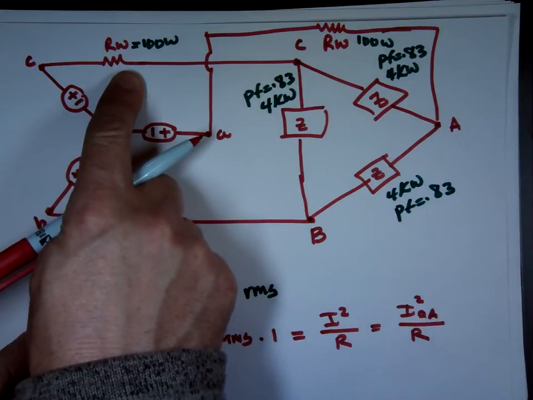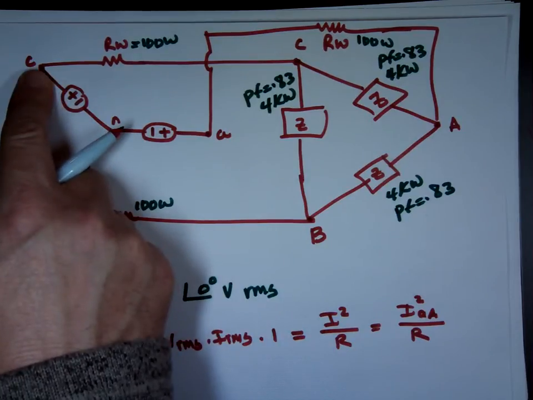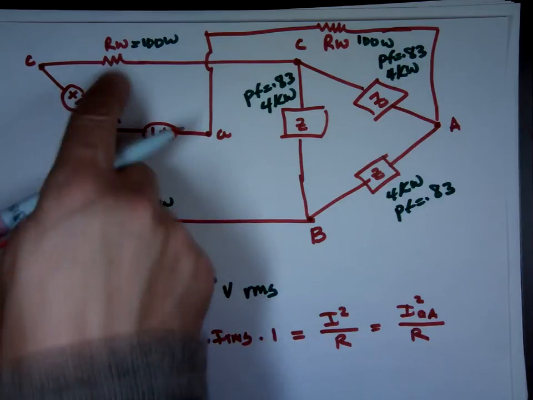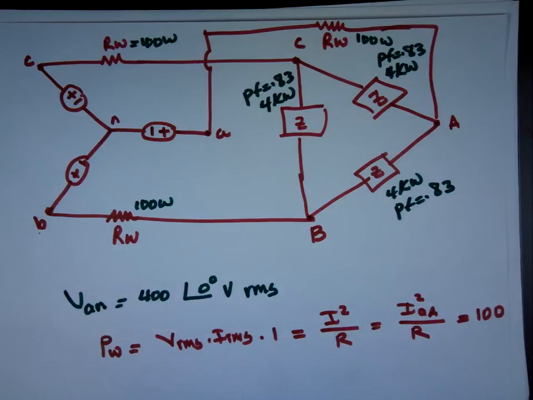We know the power is given to us to be 100. So if I know what that current is, I'm done. I know what R is. So we're trying to find R.